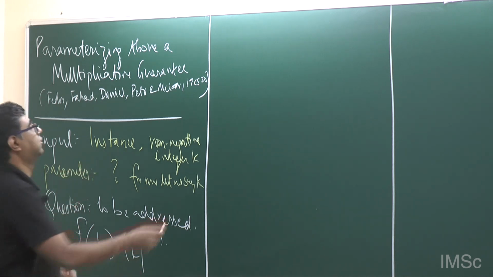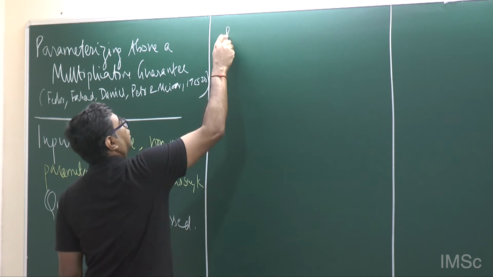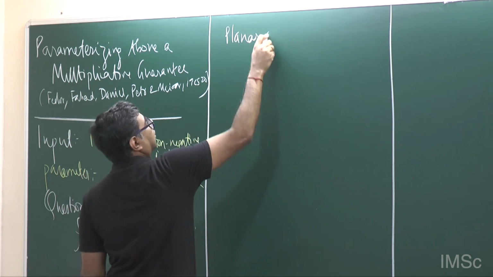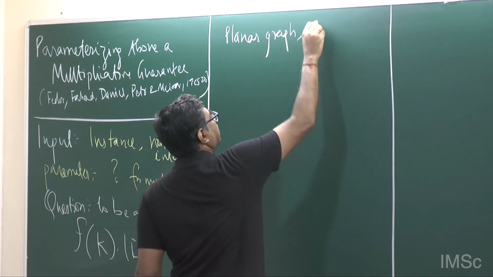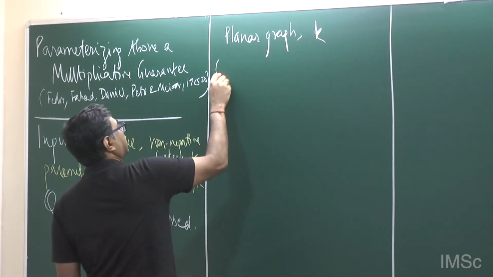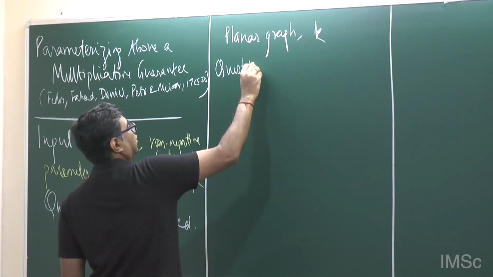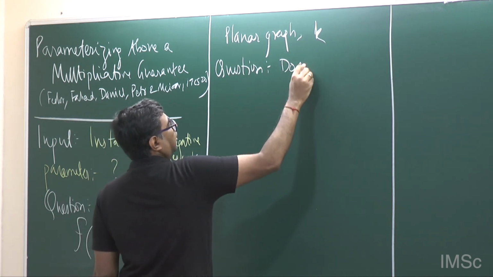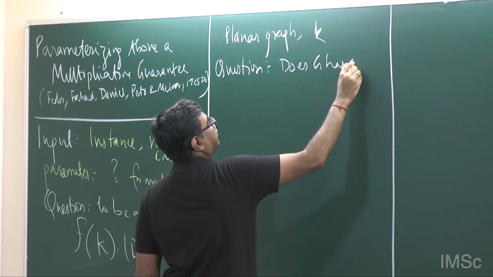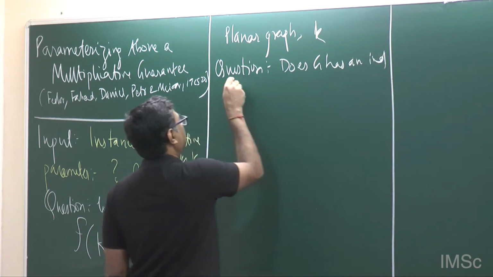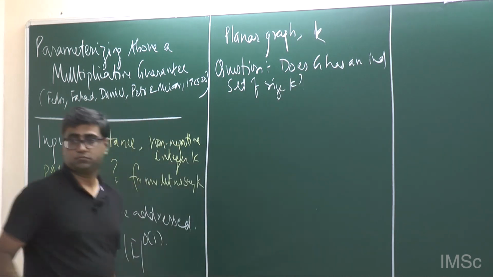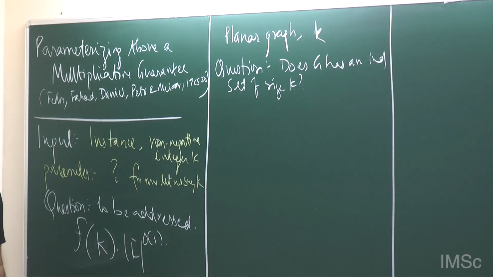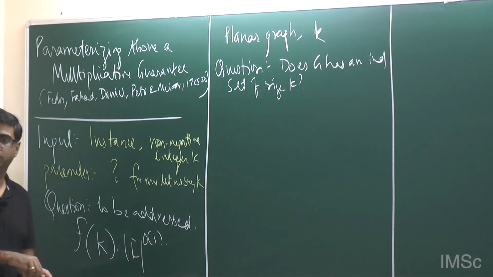If my instance was a planar graph and my non-negative integer was k, and my question was, does G have an independent set of size k? Can I answer this question easily? What do we know from the four-color theorem?